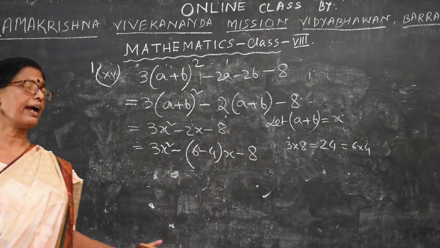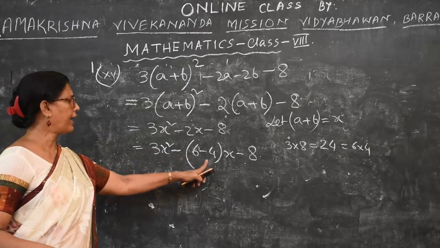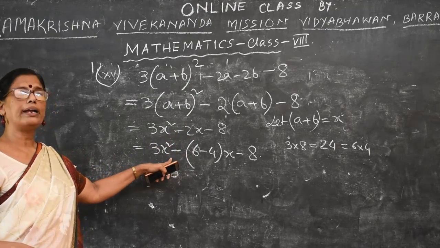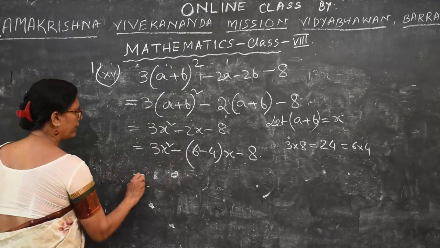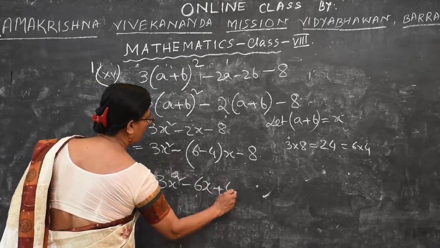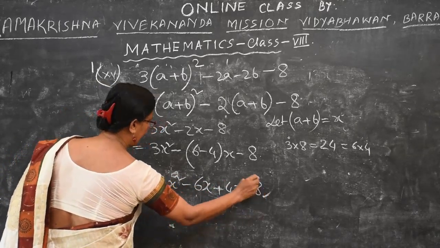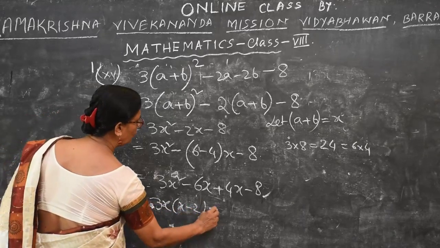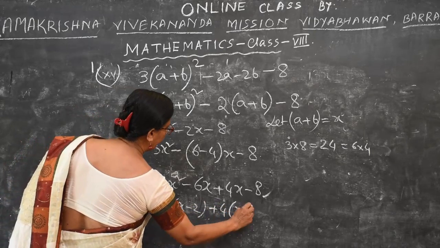After the bracket operation, these two must come, so this sign is the minus outside. So now it is 3x square minus 6x plus 4x minus 8. So 3x taken common, x minus 2 plus 4 times x minus 2.